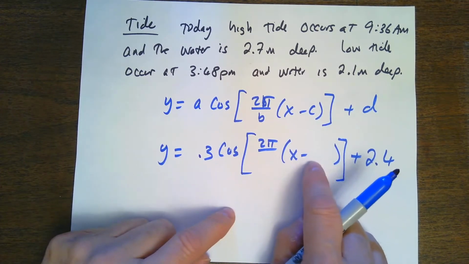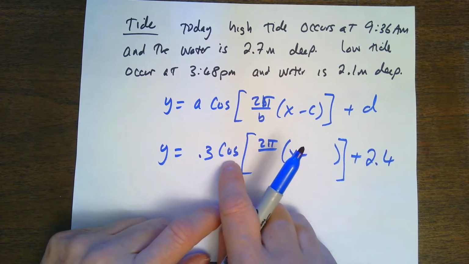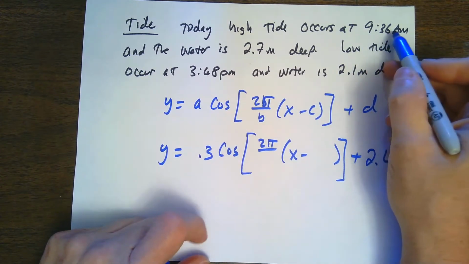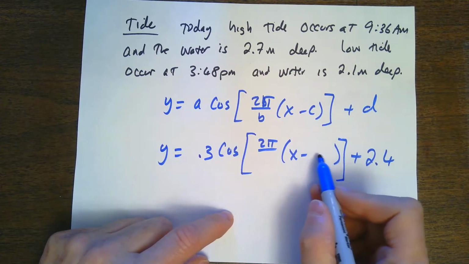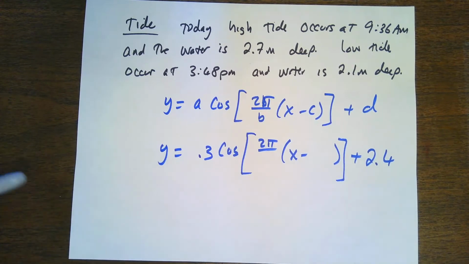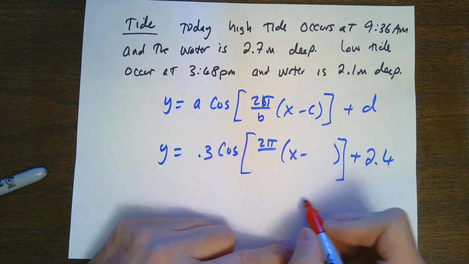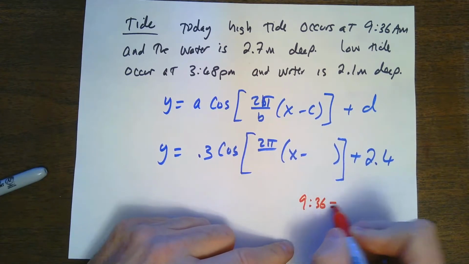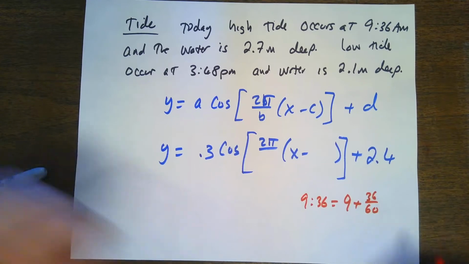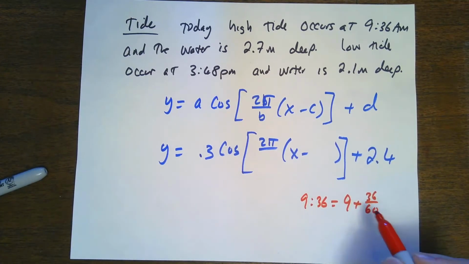What's the phase shift here? Cosine. Where does the cosine wave start? The cosine wave starts at 9:36 a.m. Well, I can't put 9:36 in here. I need to put it in as a decimal. 9:36 is the same thing as 9 and 36 sixtieths.